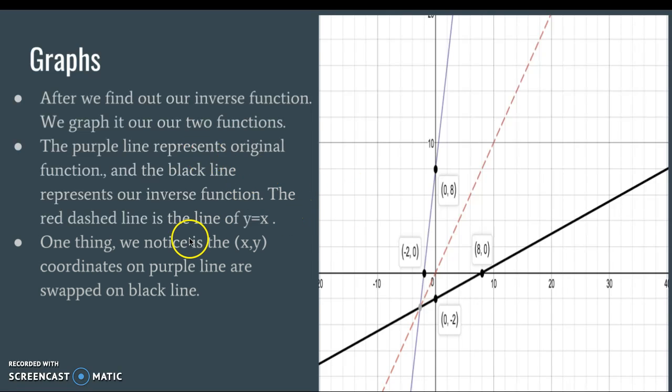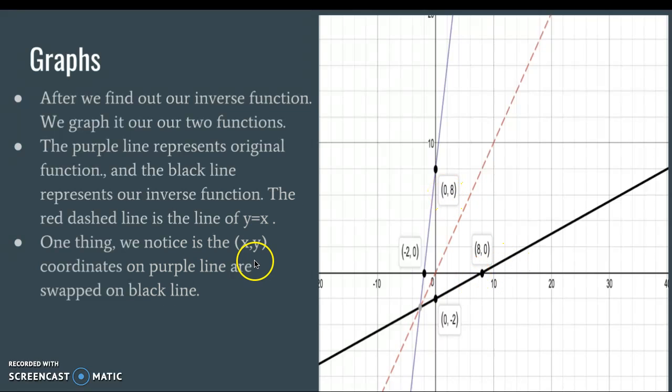One thing we first notice is that the coordinates on the purple line, -2, 0 and 0, 8, are simply swapped on the black line, our inverse function. Notice how -2, 0 becomes 0, -2, so x and y are just swapped, and 0, 8 becomes 8, 0.